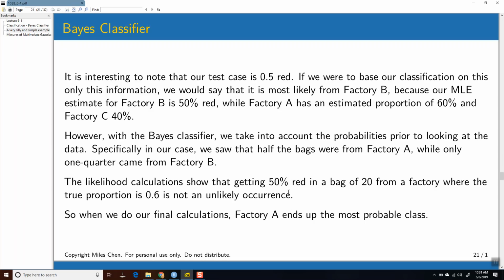So when we combine all of this, factory A ends up being the most probable class. Right?